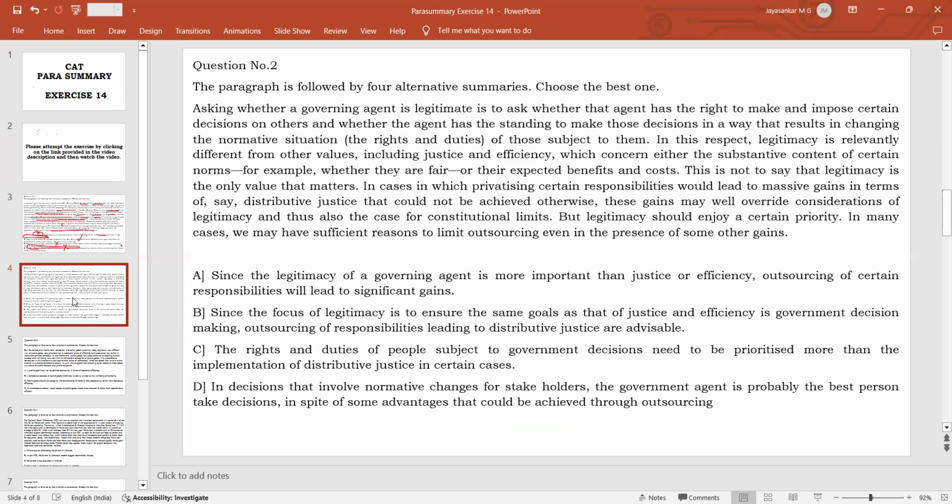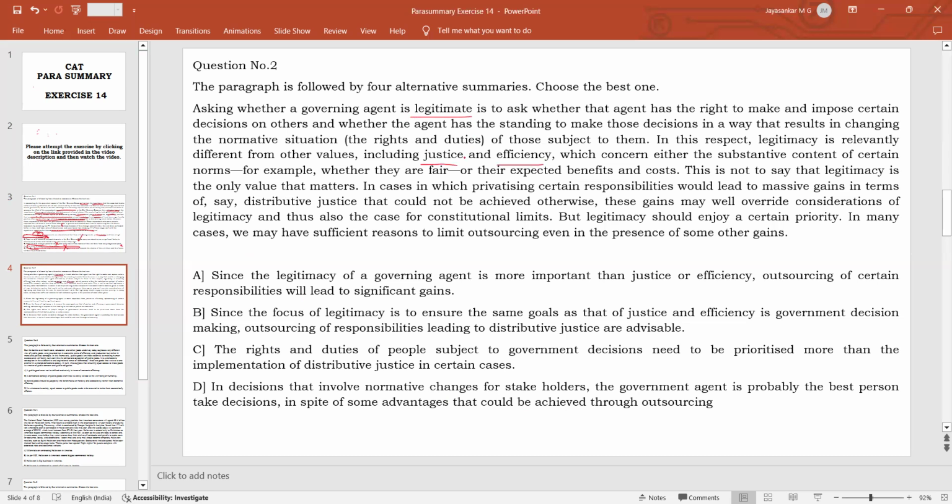So this is the main debate in the paragraph: whether government agencies should be directly taking decisions on important things or whether they should be outsourcing these to private institutions or private agencies. And in this debate, the three main factors are: one is legitimacy, second is justice, third is efficiency. So three main concepts are discussed: legitimacy, justice, and efficiency.